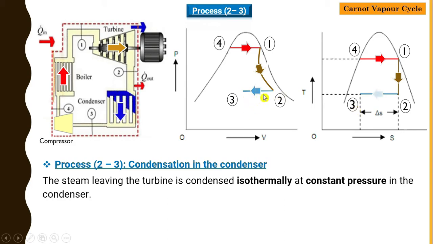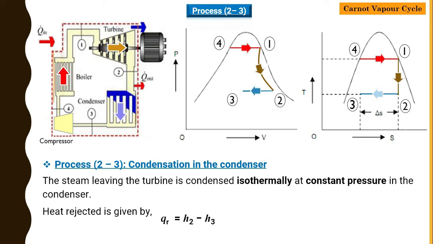By using the PV diagram we understand that this process is also a constant pressure process. So here we are ideally considering the constant pressure process in the condenser. So heat rejected is given by QR equals H2 minus H3, the enthalpy at point 2 minus the enthalpy at point 3.